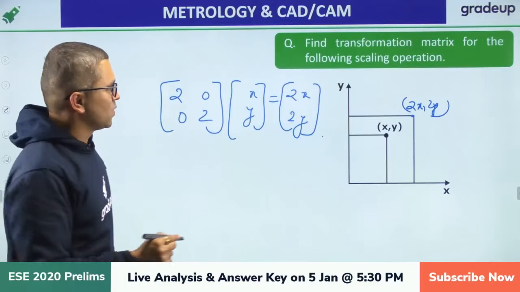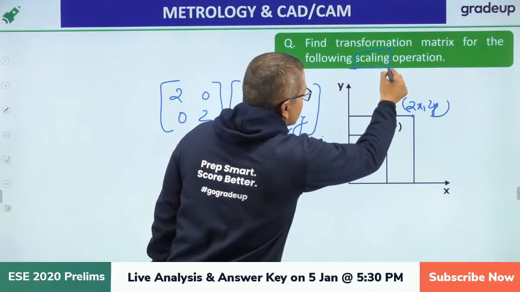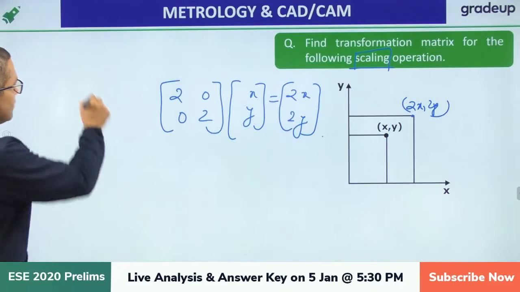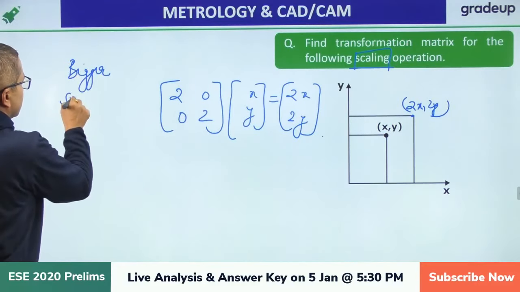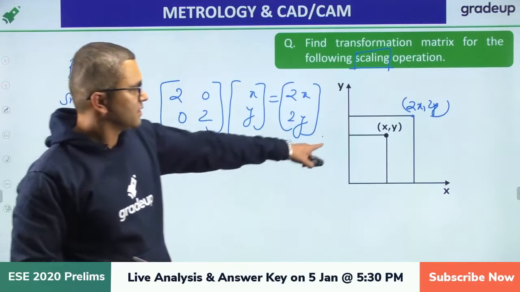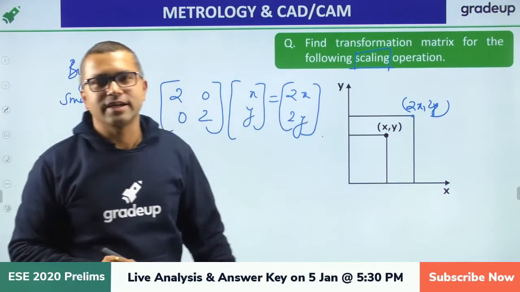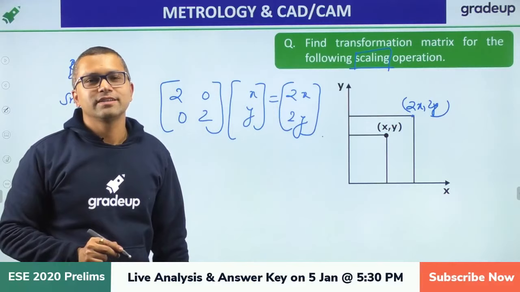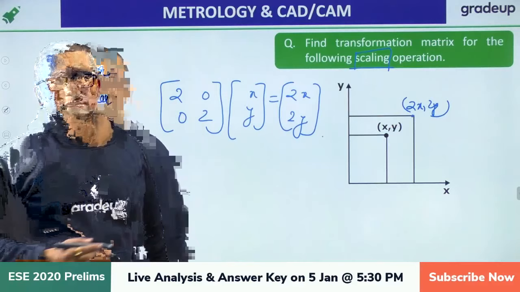Scaling means making something bigger or smaller. As you can see, this square is made twice the size in terms of length. Always remember that a scaling matrix is a diagonal matrix.